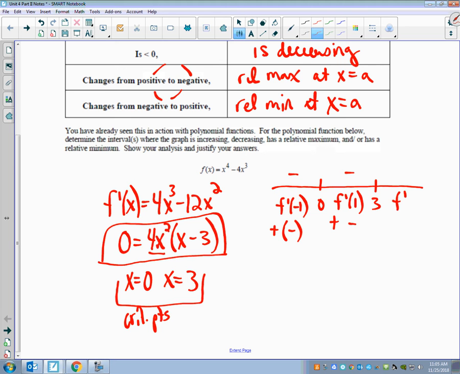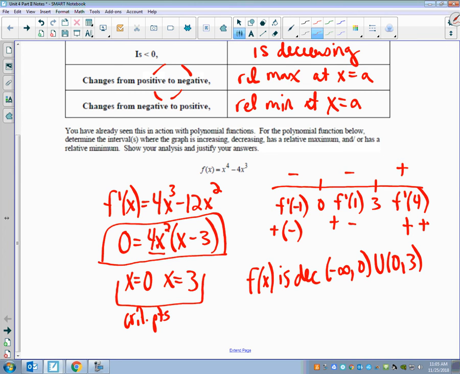And then if I plug in a number bigger than 3, I'm just going to plug in 4. I'm going to get a positive, and 4 minus 3 is a positive, which means that that is increasing. Remember that we don't usually say that it's decreasing at 0, right? So if I was going to say this, I would say f of x is decreasing from negative infinity to 0 and from 0 to 3, because it skips over at 3.